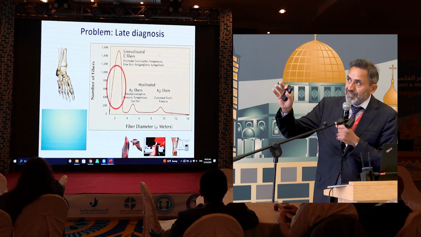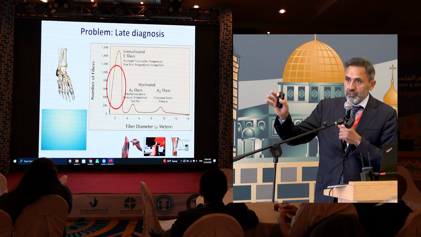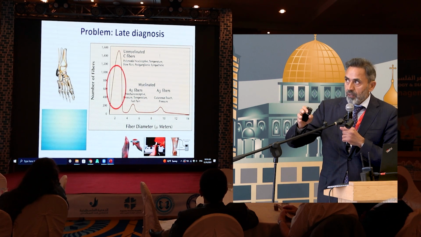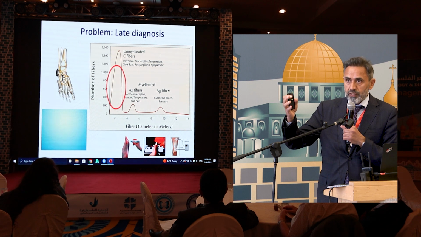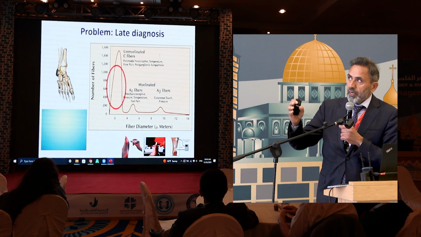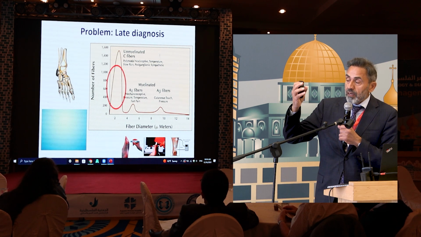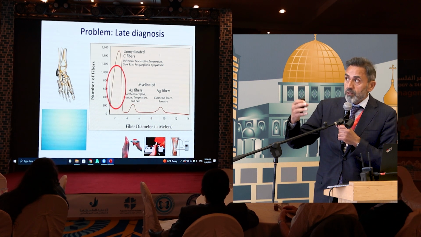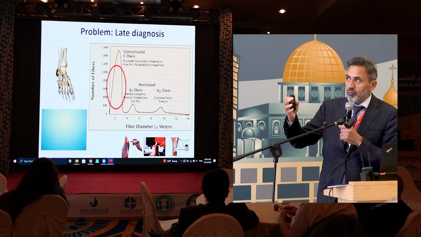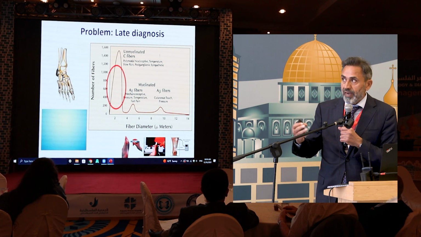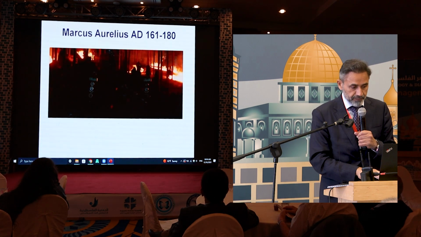What you actually are missing is the small fiber damage, which is occurring early, even in pre-diabetes, and I'll show you data. So really, this is the opportunity that we have, and we are missing this.